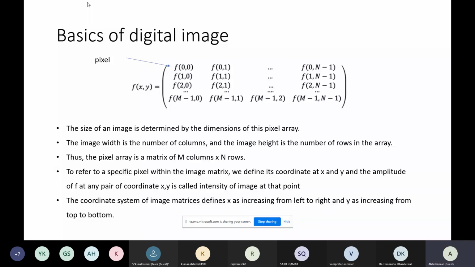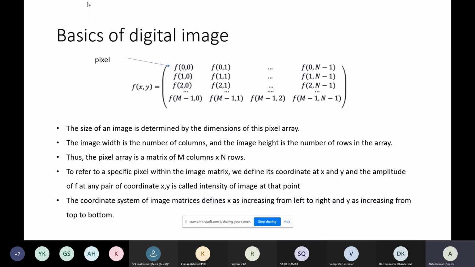This is a functional form, but basically it is a matrix. The size of the image is determined by the dimension of this pixel array.